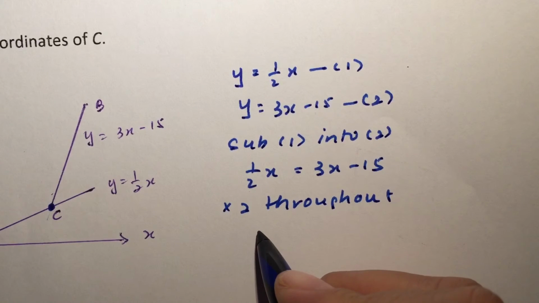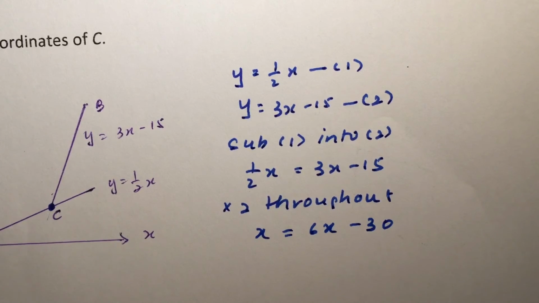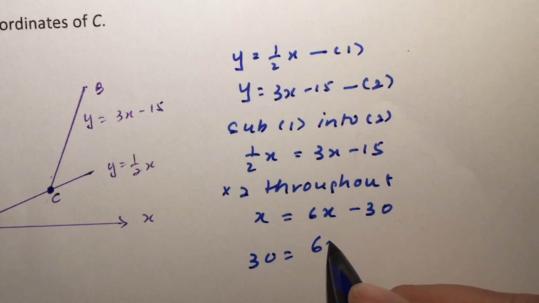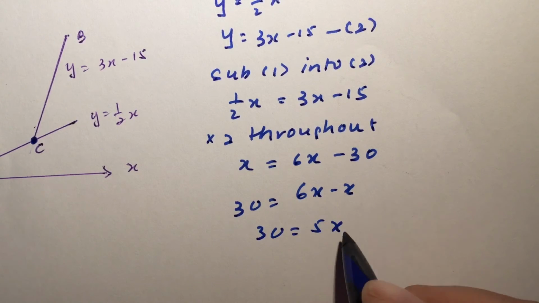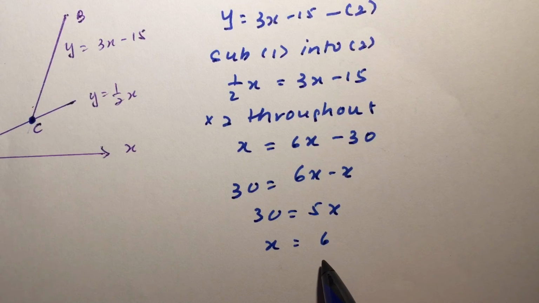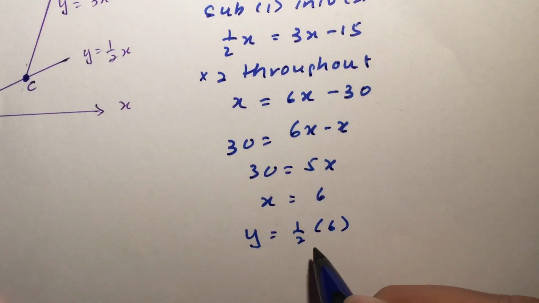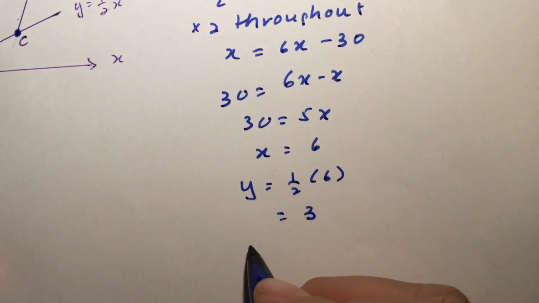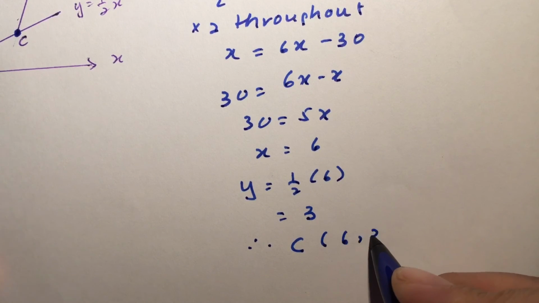So we have x equals 6x minus 30. So we do a little bit of manipulation. 30 equals 6x minus x, and we'll have 30 equals 5x, which means that x equals 6. So once we have this, we can put it back into equation 1. So y equals half times 6, which will give us 3. Therefore, the coordinate of C is 6, 3.